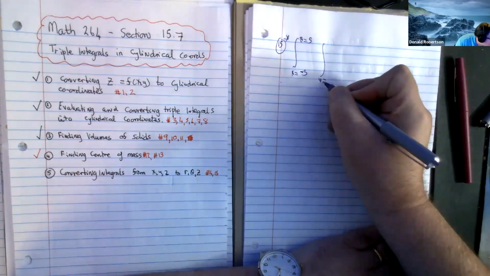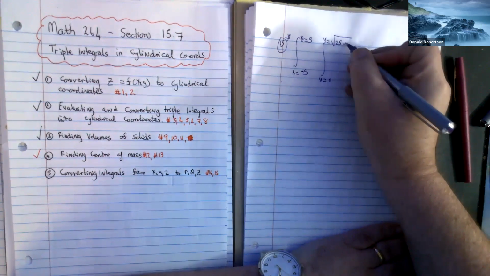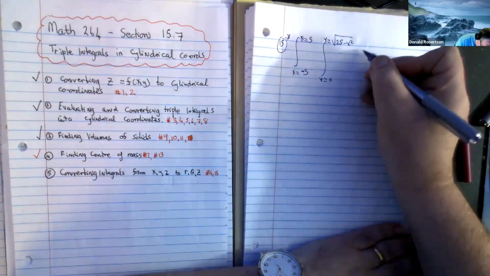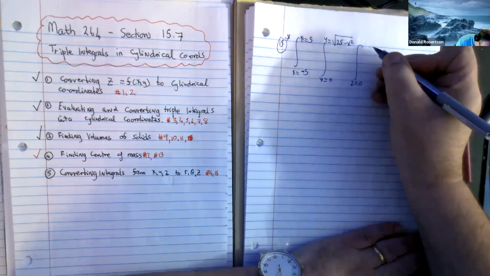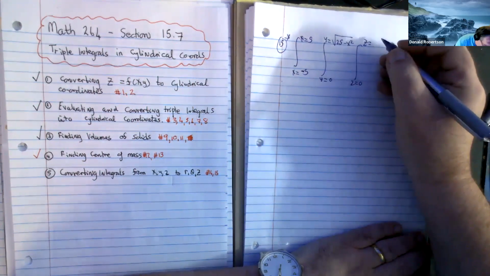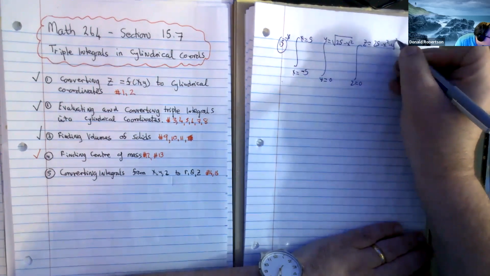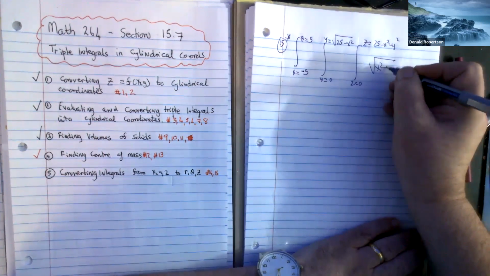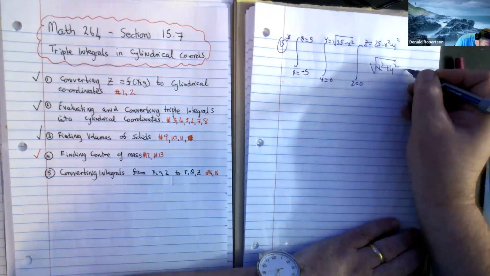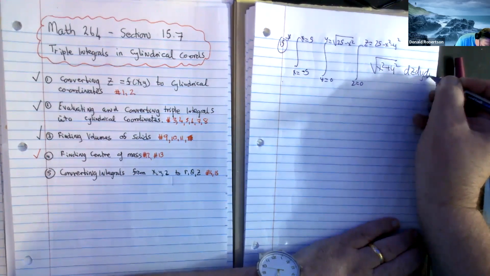We have y equals 0 to y equals the square root of 25 take away x squared. And we have z equals 0 to z equals 25 take away x squared take away y squared. And pretty nondescript function, dz, dy, dx.